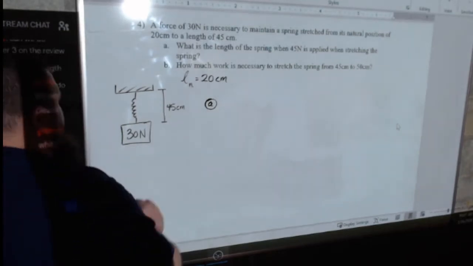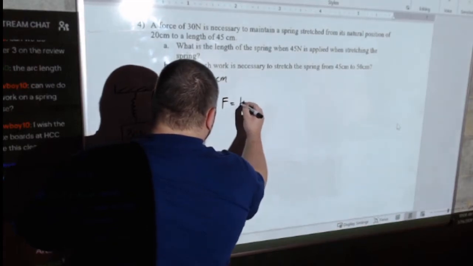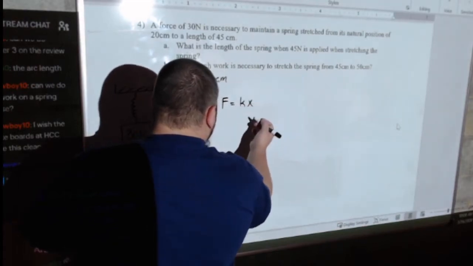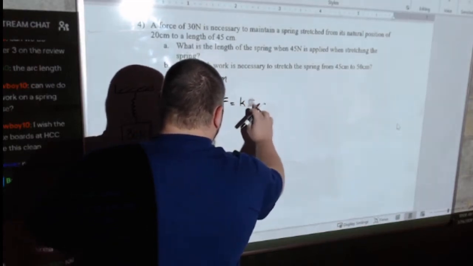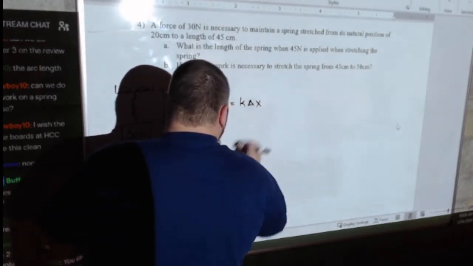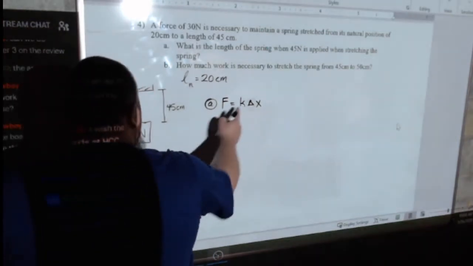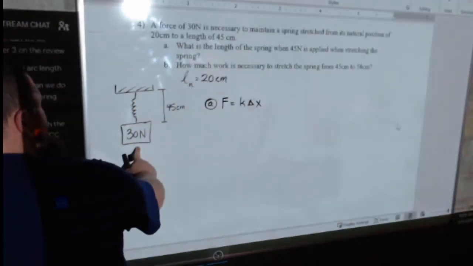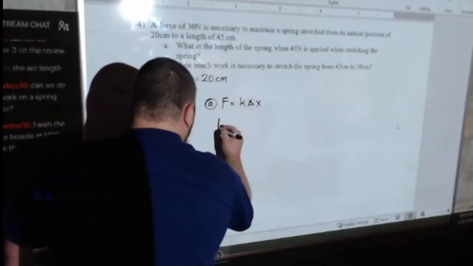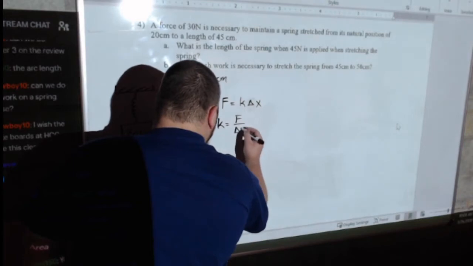So recall that force equals kx, or k delta x. And remember that that's a magnitude. So first we need to find k using this situation. So we can solve that for k. That's F over delta x.